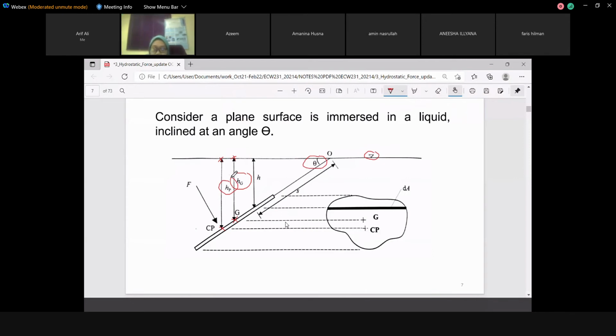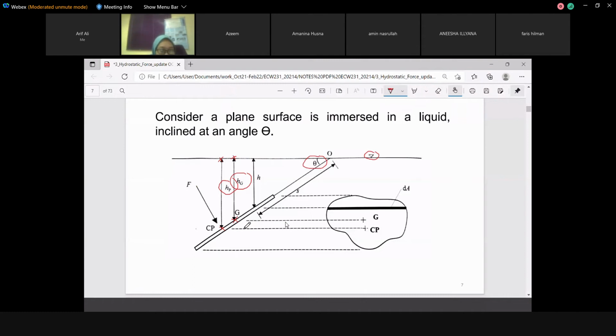Okay, what is center of pressure? Center of pressure ialah point where the force exert. Okay, force akan jatuh ataupun akan act pada center of pressure. Okay, so you can see this one, the force is perpendicular to the plane.